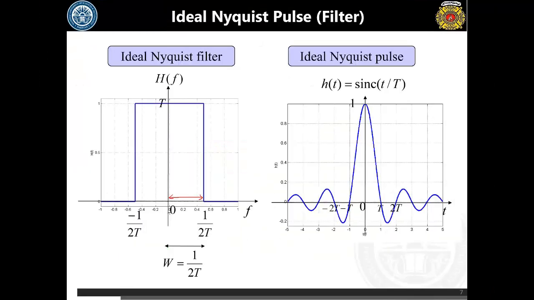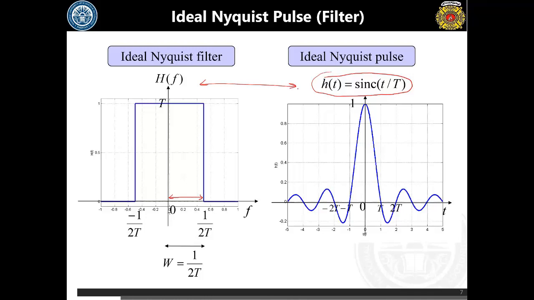And now we see that if we choose such filters having bandwidth of 1/2T and it is a rectangular filter, and we are interested in finding the impulse response of this filter: if any LTI system has a rectangular frequency response, then it is understood through Fourier transform pairs that the impulse response will be in the form of a sinc, and that is denoted over here.